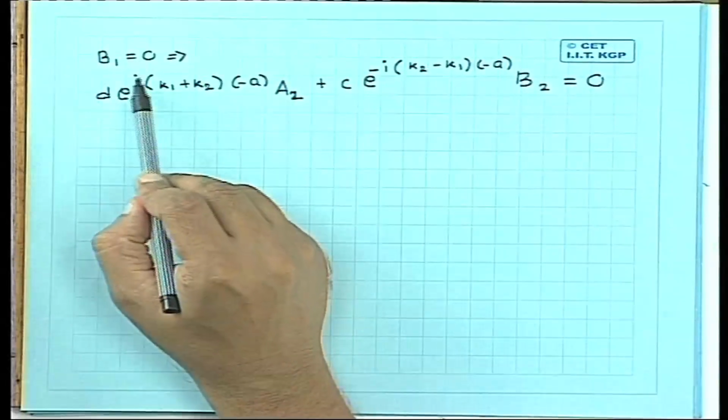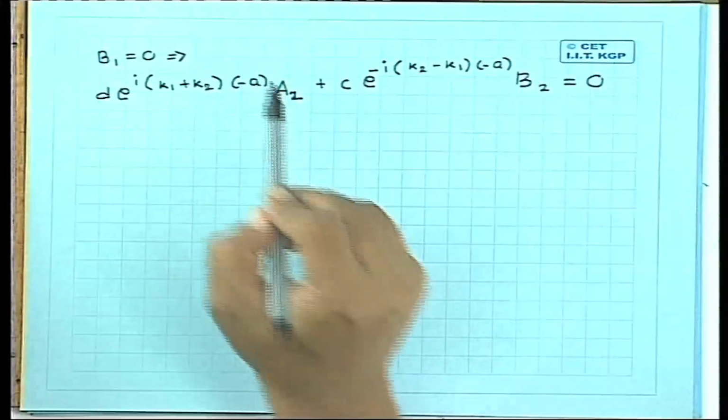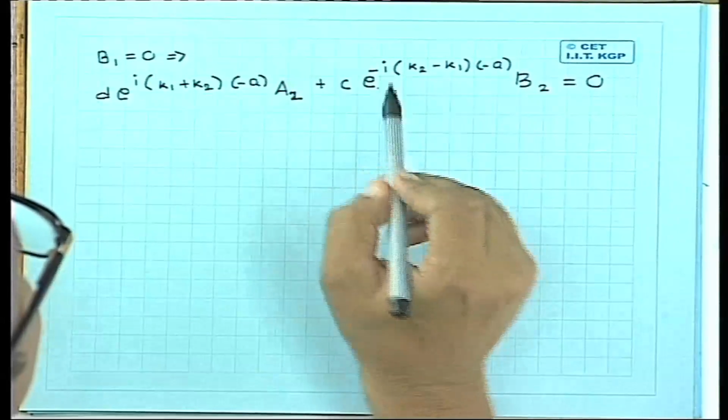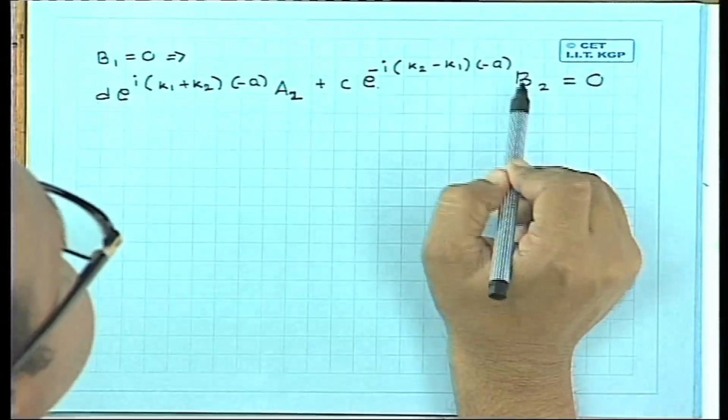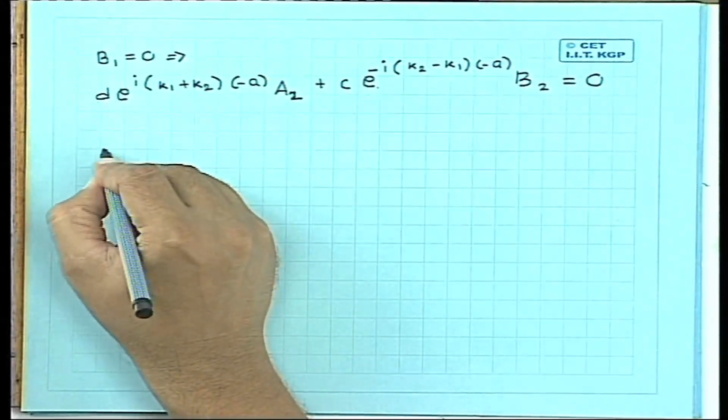So D into e to the power I K1 plus K2 minus A, A2, plus C into e to the power minus I K2 minus K1 into minus A, B2 is equal to 0.